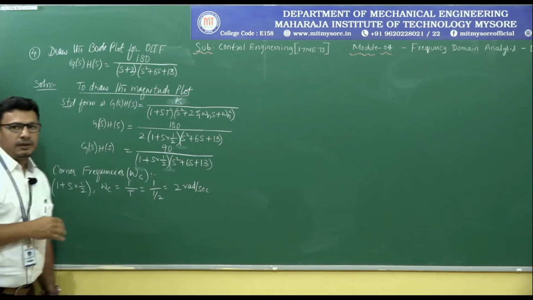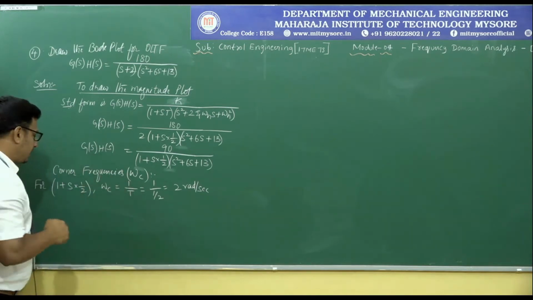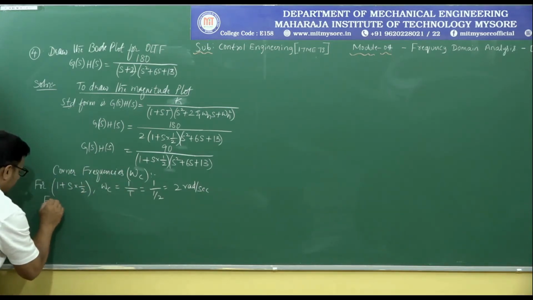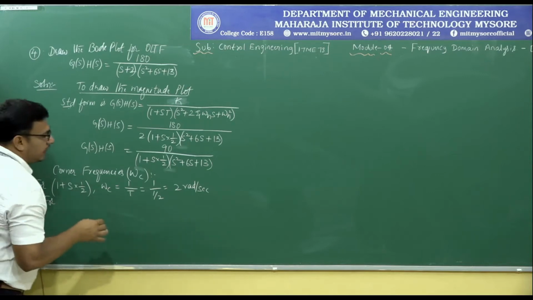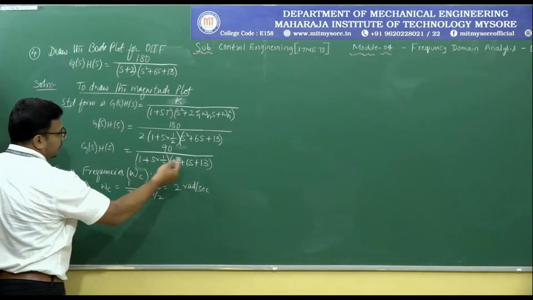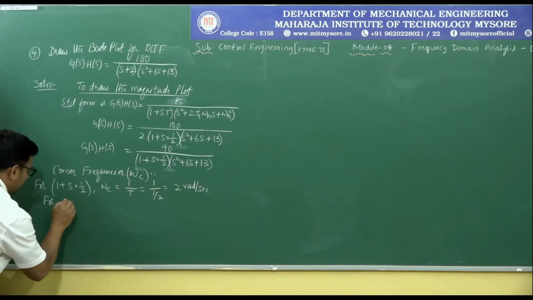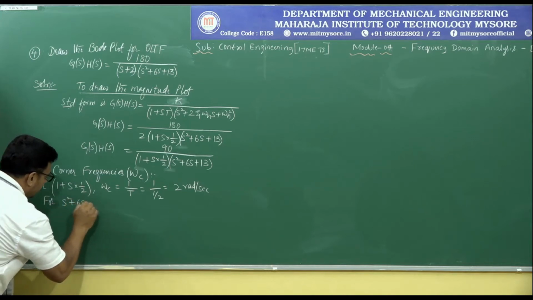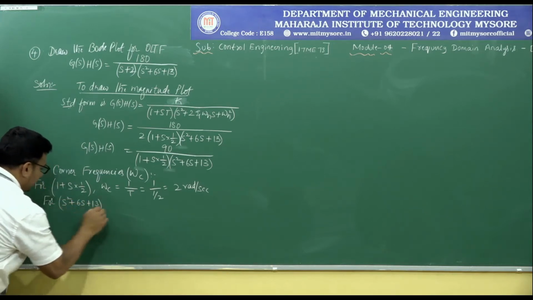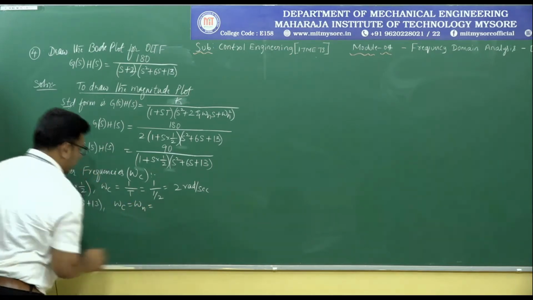Do not name whether it is corner frequency number 1 or 2 or 3 yet. First write the corner frequencies for all the factors. Then we are left with only one factor, that is S square plus 6S plus 13. For this, the corner frequency will be nothing but the natural frequency.